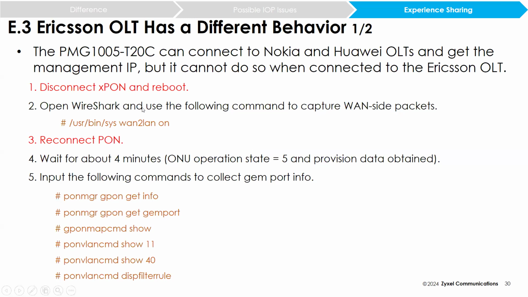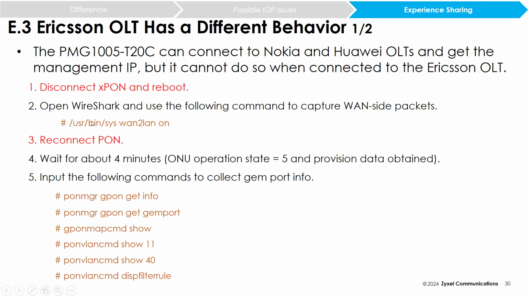So here are the steps of how they debugged this issue last time. They used a traditional method to capture the OMCI packet on the ONT devices. In order to capture the OMCI packet on our ONT, we need to disconnect the home port of the ONT.